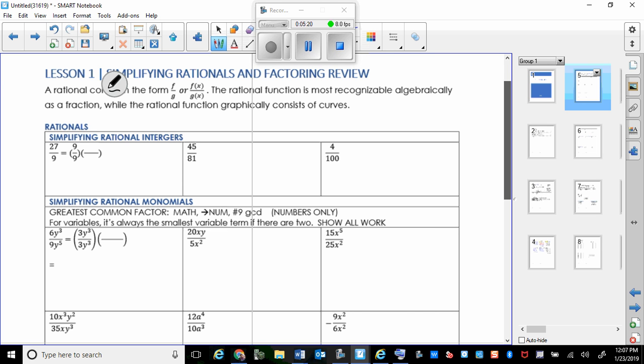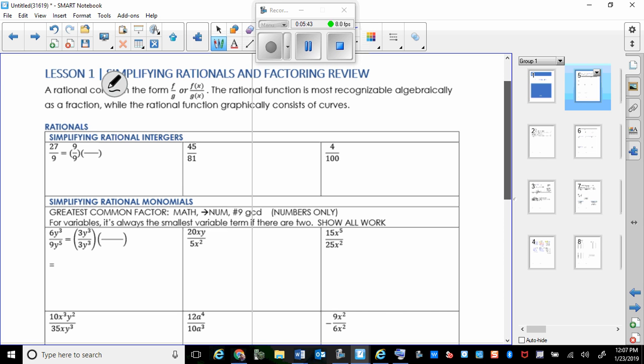So basically, with all rationals, typically what we're implying is that we're working with fractions. Now, when we're simplifying rational integers, we're trying to take out the greatest common factor from the top, the numerator, and the bottom.